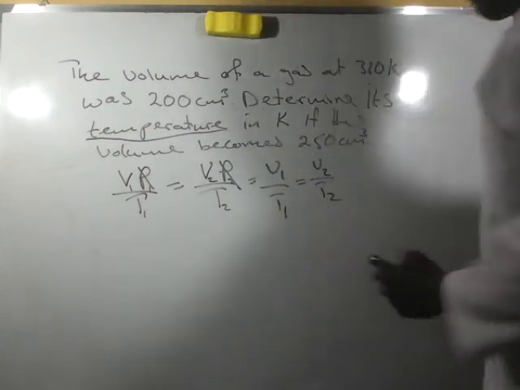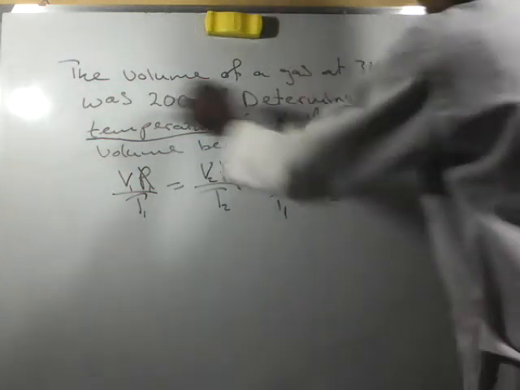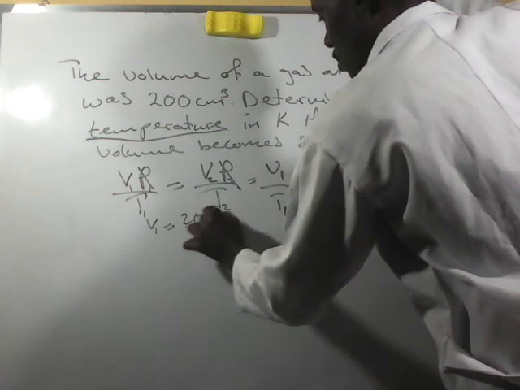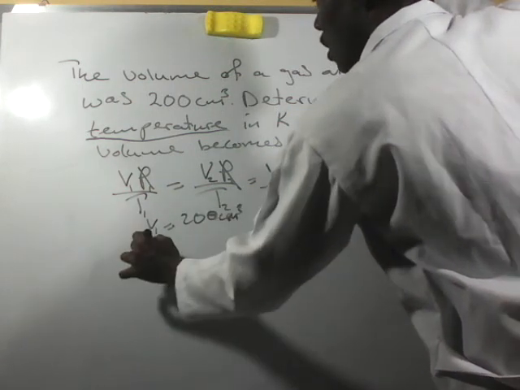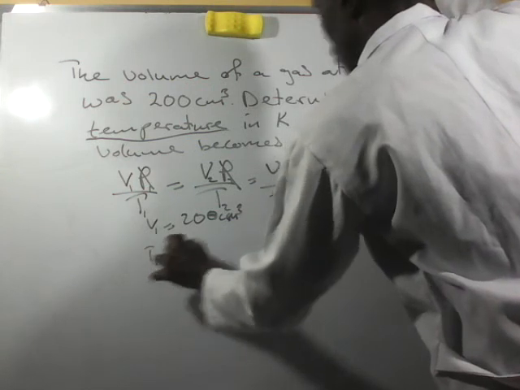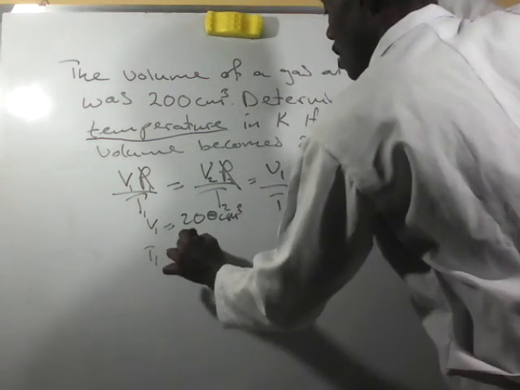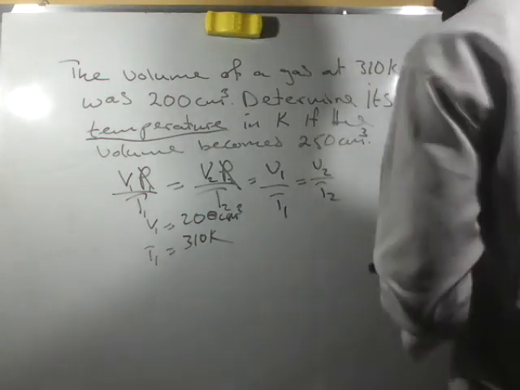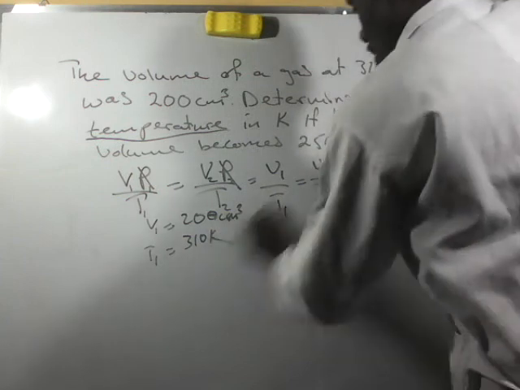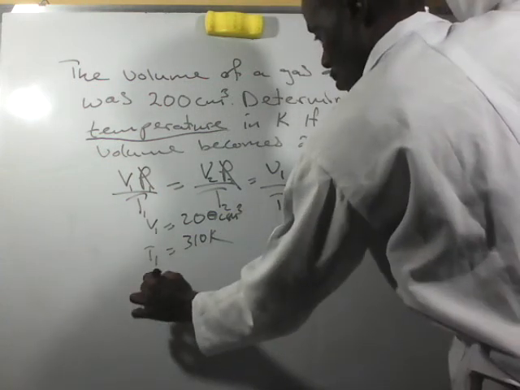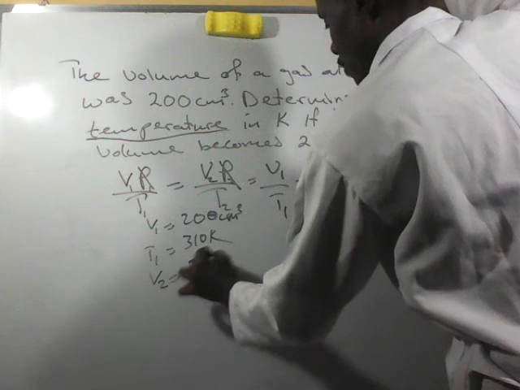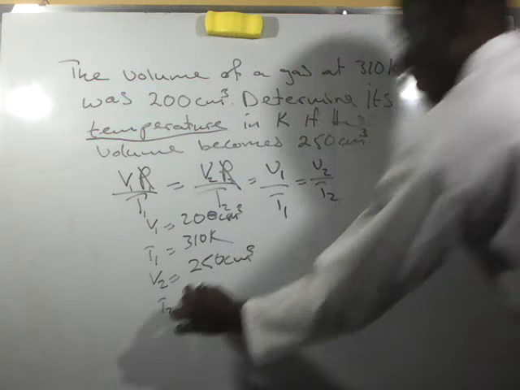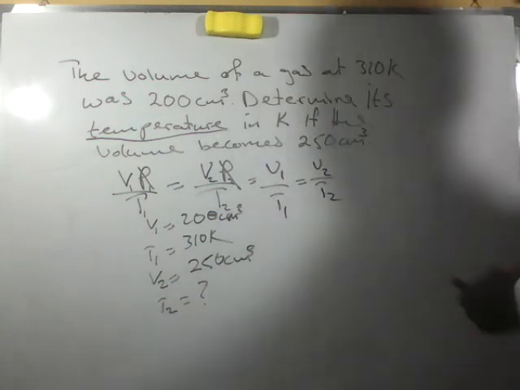So the first volume V1 is 200 cm cube, and the first temperature T1 is 310 K. Our V2 is 250 cm cube, but we don't know the T2, so we use a question mark to represent it.